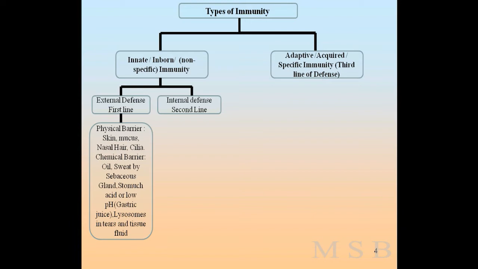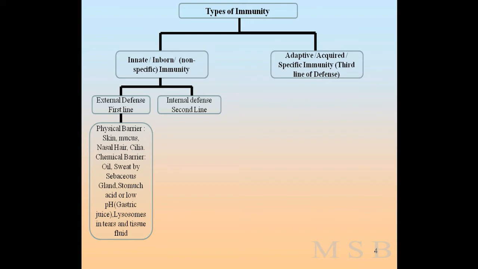If a defect occurs in the function of that cilia, a respiratory infection or chest infection occurs. Stomach acidity kills most of the microorganisms ingested during food intake. Tears of the eyes contain lysozyme enzymes, which also kill various microbes. It is also one of the kinds of barrier immunity.